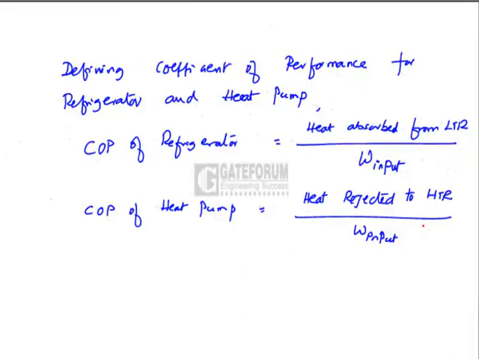In the cold countries where the ambient temperature will be around -30 or -40 degrees centigrade, a heat pump is used to maintain a constant room temperature or comfortable temperature of 25 Celsius by absorbing the heat from the very cold environment which is prevailing outside the room.